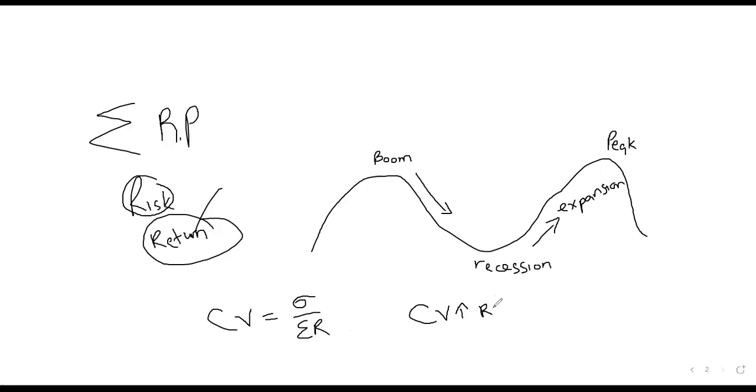A higher CV simply implies that we have a higher risk. So given two portfolios, what would you pick? It depends. Depending on the type of investor, if it's a risk averse, they will avoid risks at all costs. If it's a risk seeker, they'll be attracted to risks at all costs.